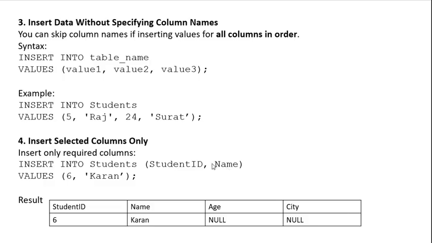So we insert only two pieces of data. Close the brackets and write VALUES, and inside the brackets ID 6 and name Karan, close the brackets and the semicolon. So the result is student ID 6 and name Karan, and the age and city values are not given, so those values will show as NULL.